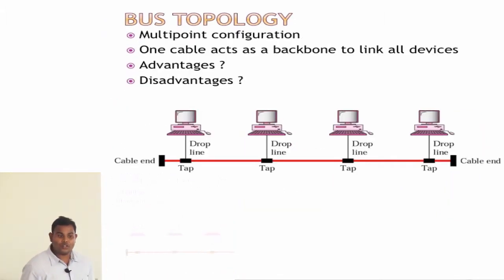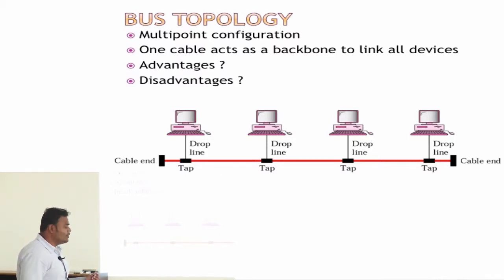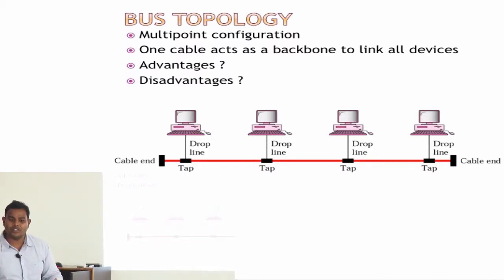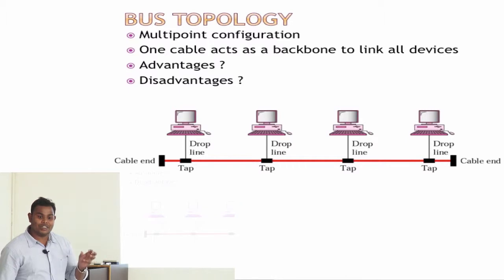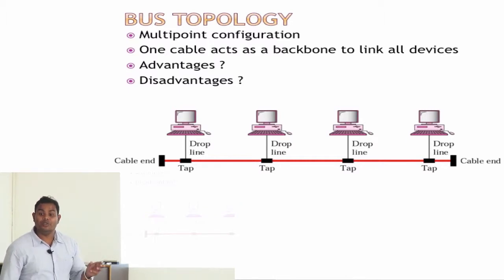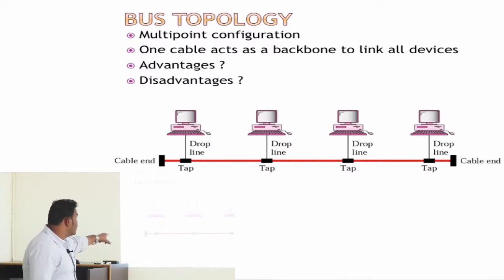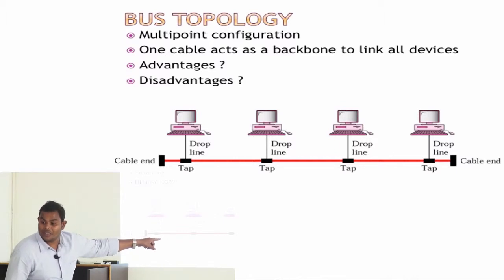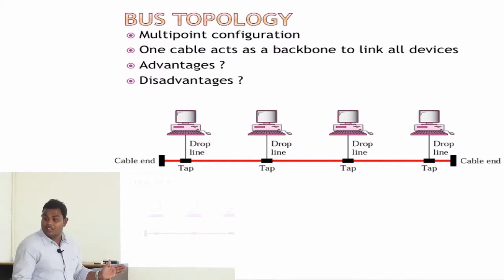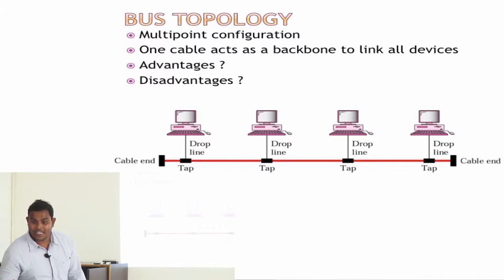What is bus topology? Bus topology principle is the same as star topology, only the thing is there we are using a backbone cable. There is a main cable, all the computers have to be connected to that main cable through their dedicated links.